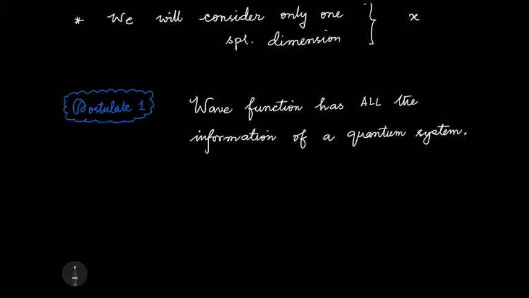Very important. All the information of a quantum system is there in the wave function. So it's essentially in the functional dependence of the wave function. How does psi depend on x and t?